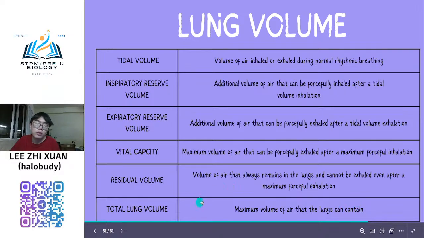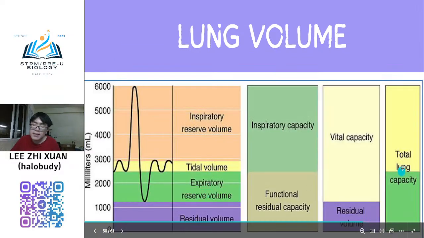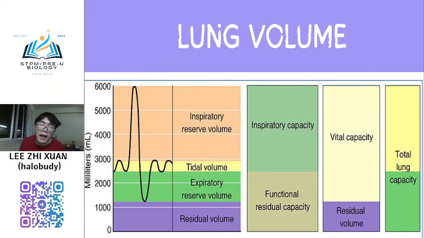Okay, and then total lung volume or total lung capacity. So inilah semua ni we call as total lung capacity. Normally in examination dia akan keluar calculation question lah. Memang dia akan bagi graph macam ni. Dan dia bagi tahu sini sampai sini, calculate inspiratory reserve volume. You need to know where is inspiratory reserve volume.